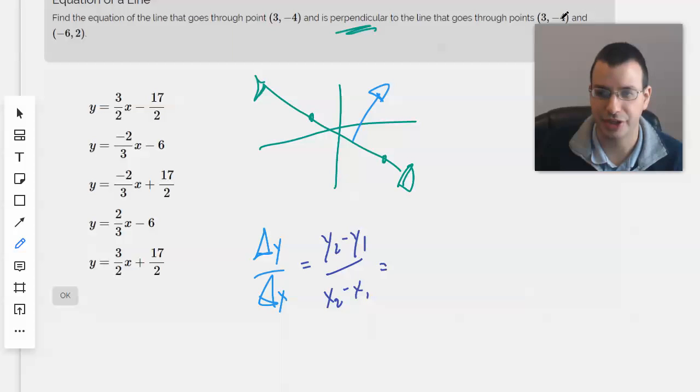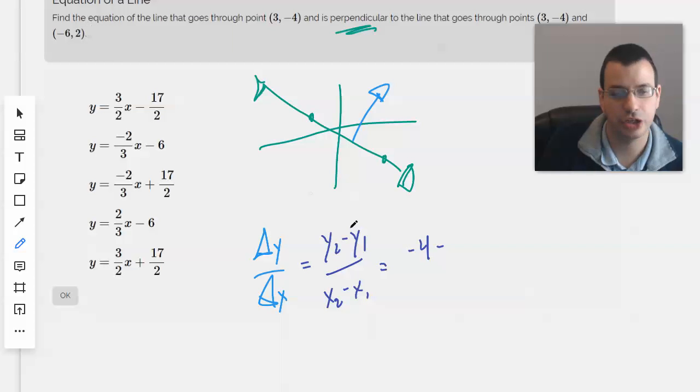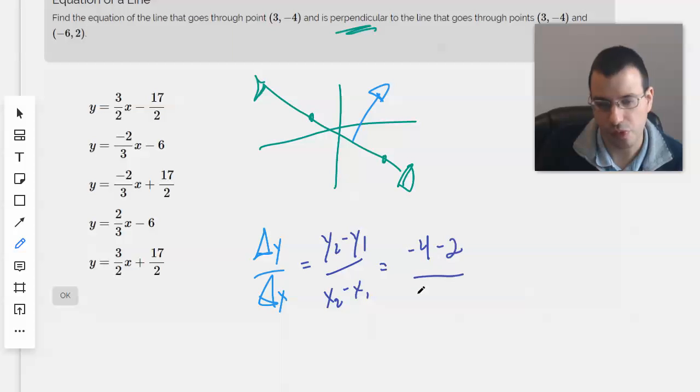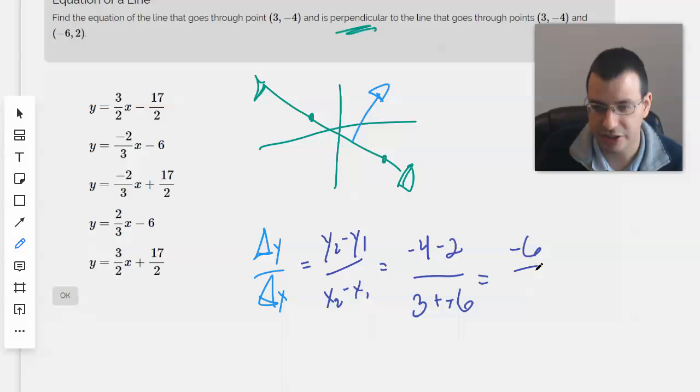It's just first, so it's convenient. So we'll do -4 minus 2, then we'll do 3 minus -6. We get a plus, so we have -6 over 9, which is -2/3.